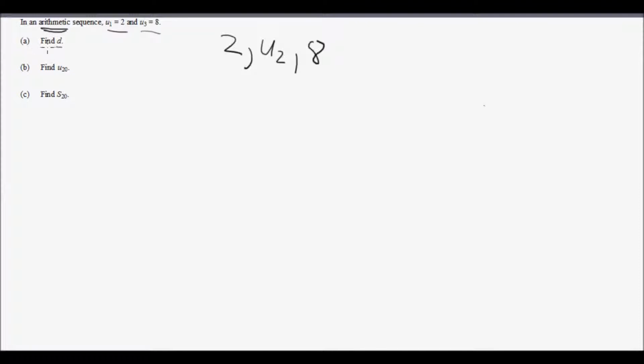A is telling us to find what the variable d is. So we're going to use a formula that uses the variable d. And this formula, if you studied arithmetic sequences before, you should know: u of n is equal to u of 1 plus n minus 1 times d.